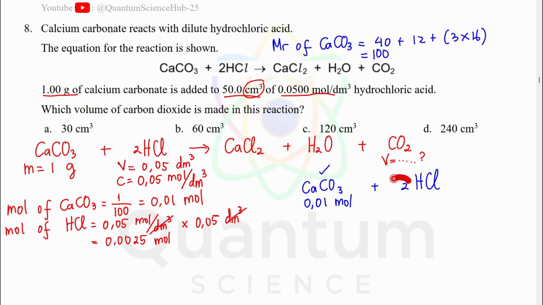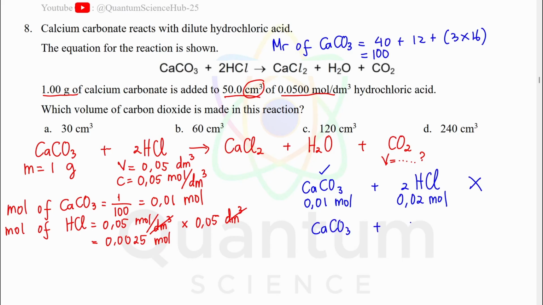So in here it is 2. So that means 0.01 times 2 mole, right? So I need 0.02 mole of HCl. But I only have 0.0025 mole in here, which is not enough. So in this case, I cannot use CaCO3 as the limiting reactant.